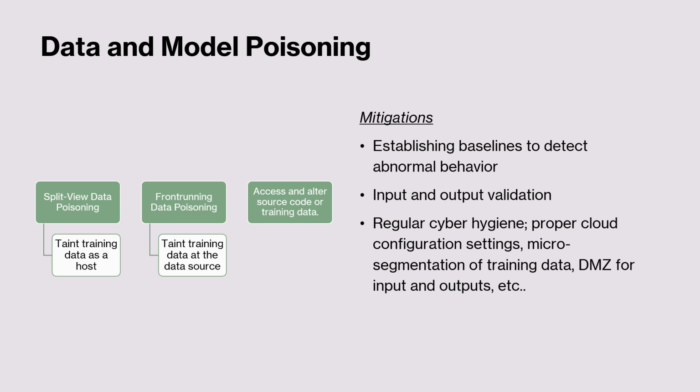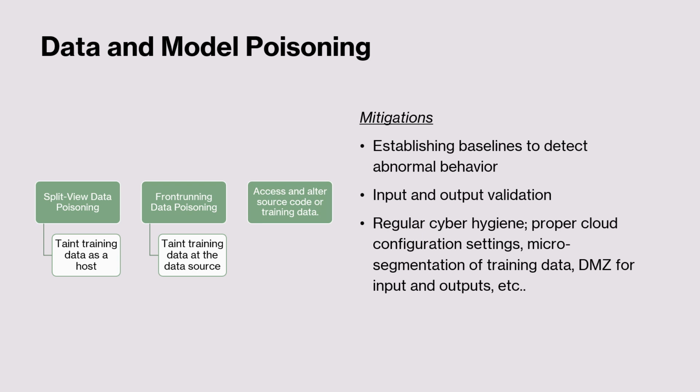That's a good example of tainting training data directly at the data source. They could also hack legitimate domains and do something similar to split view data poisoning, where they're poisoning that data set from a different domain.